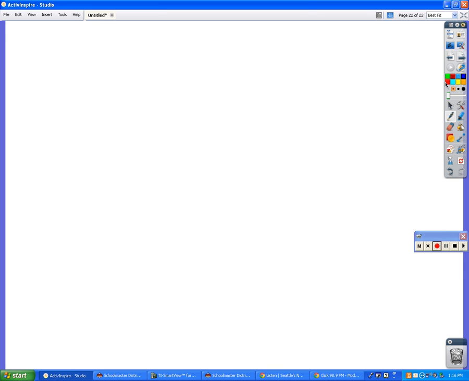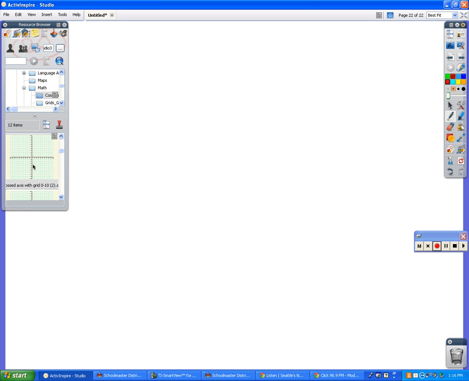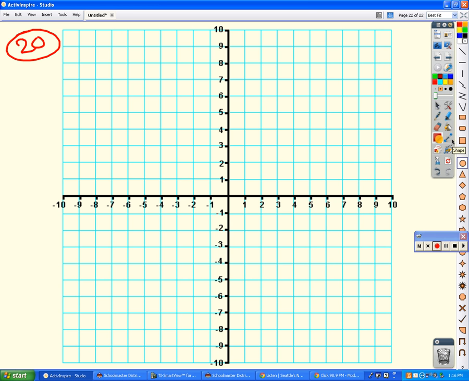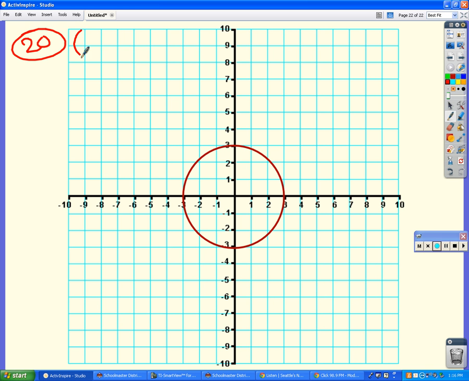Okay, now let's play again with number 20. So we are once again going to start with a circle. This time the circle is in a different spot. Okay, and now our transformation is different also.